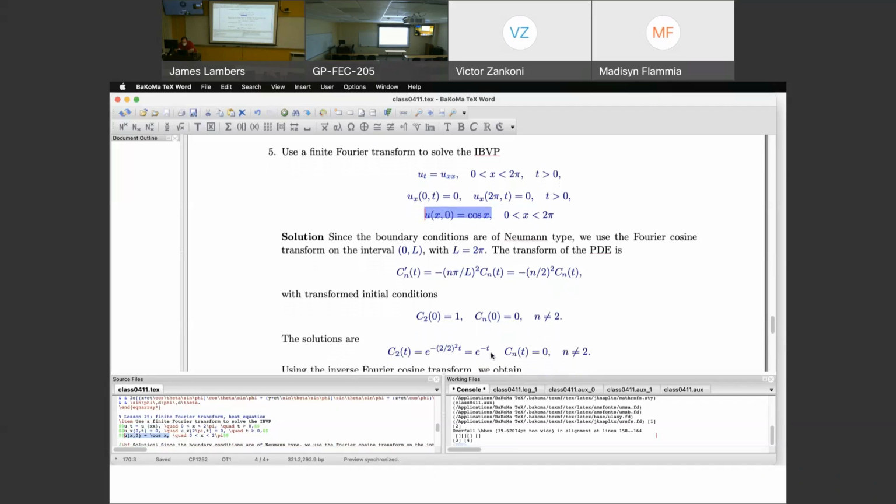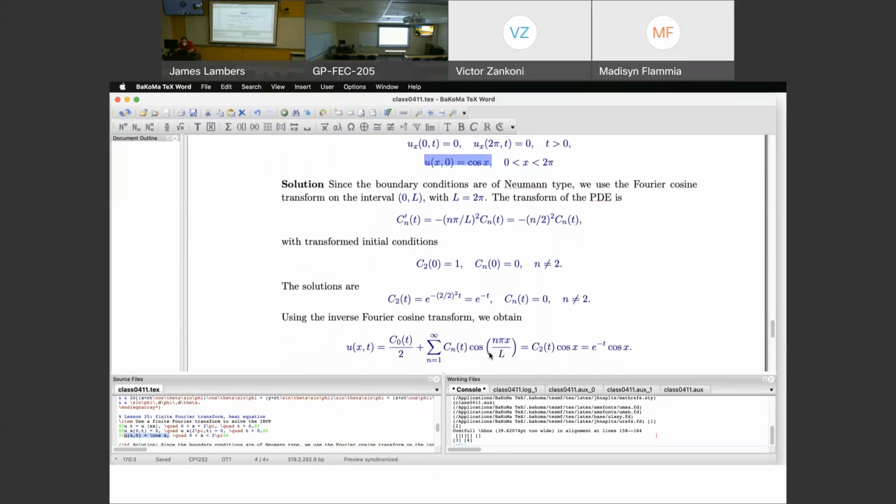Once you solve those ODEs, you apply the appropriate inverse transform. So the Cn of t if it's cosine, or Sn of t if it's sine, those time-dependent coefficients are filled in to the formula for the inverse transform, and then you have your solution.